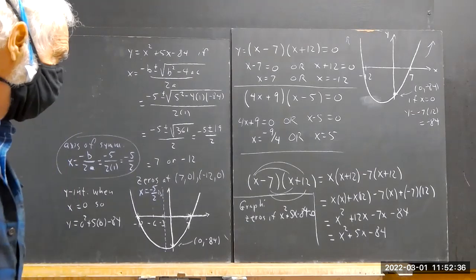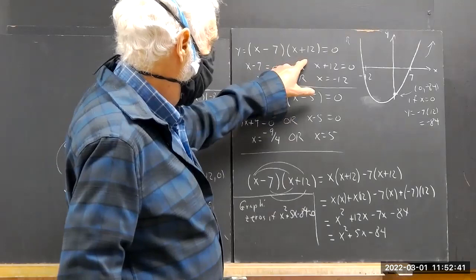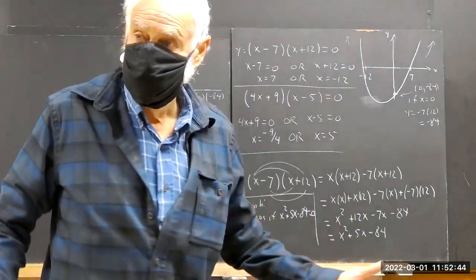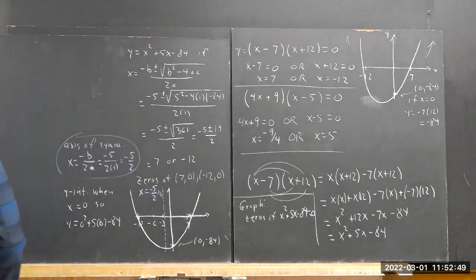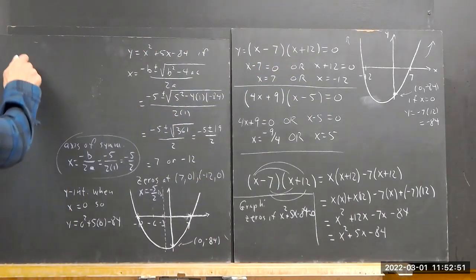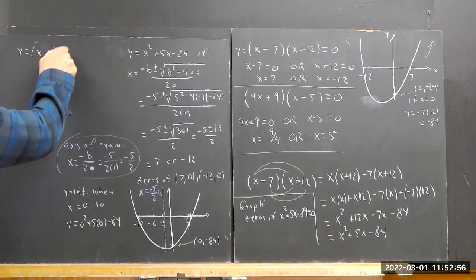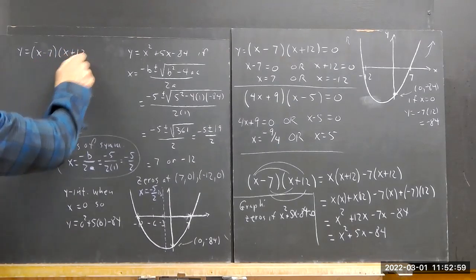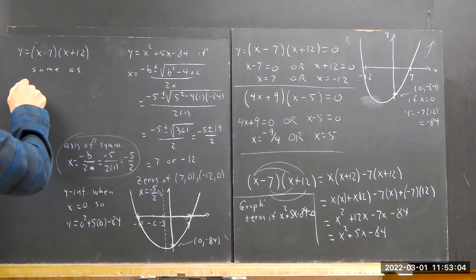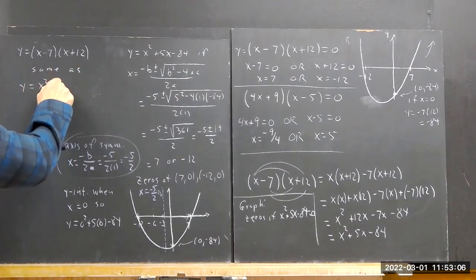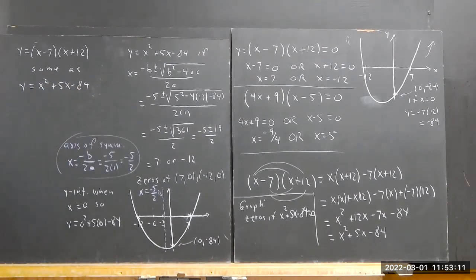Well, this tells us a couple of things. One is, if we have it in factored form, we don't have to go to the quadratic formula. So this is factored form. Okay.